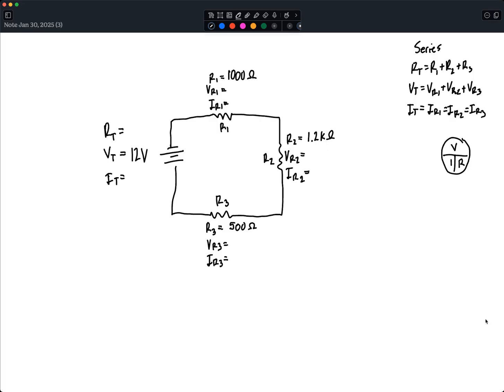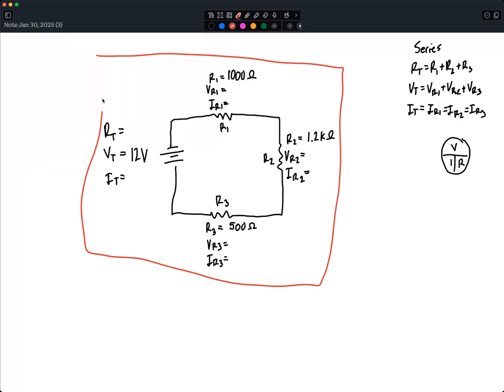You might say to yourself, wow, that's a lot of numbers. It's going to take a while. It's actually not going to take as long as you think, because some of them are equal. Once we find one of them, we can use them everywhere. Every time you want to do whole circuit-wide calculations, you're going to use these formulas right here.